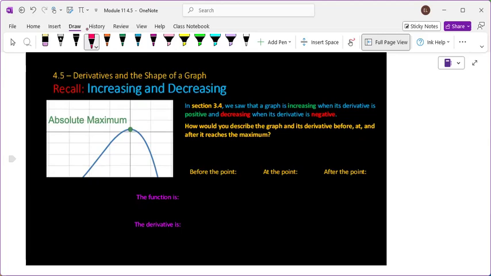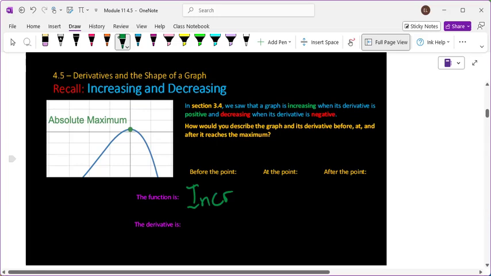Okay, so here we have a picture of an absolute maximum on a graph. And this is asking us to use words to describe what the graph is doing. So before our absolute maximum, what would we describe the function behavior as? And so what does that mean the derivative will be there?